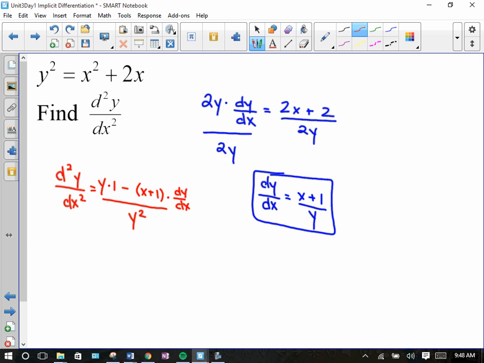Well, you guys see anything that might pose some problems right now before we do something? No, the y squared is cool. You see anything we can substitute into this derivative right here?